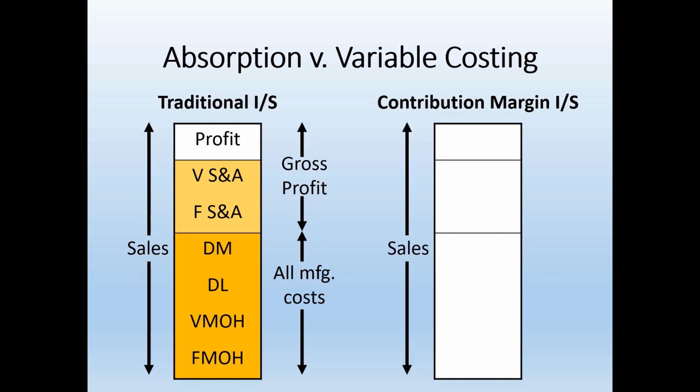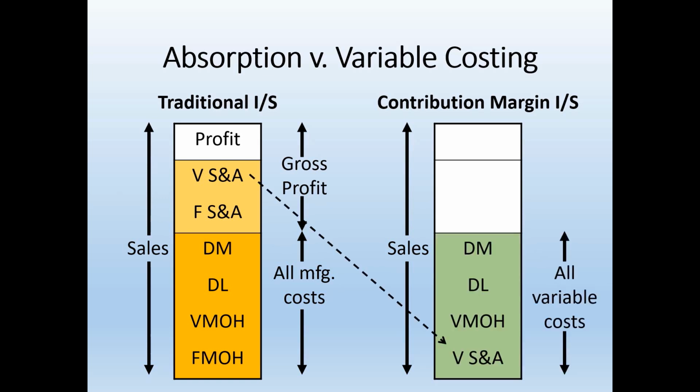On a variable costing or contribution margin income statement, the height of the bar still indicates total sales revenue. We subtract out all of the variable costs. In other words, we include variable selling and administrative costs in these variable costs, and we leave out fixed manufacturing overhead because it's not variable.